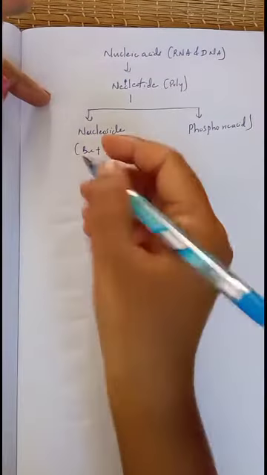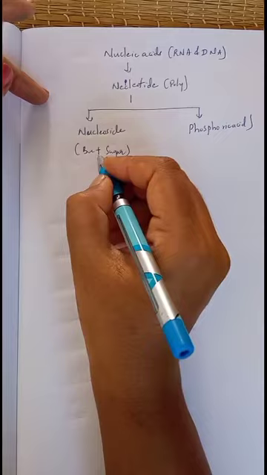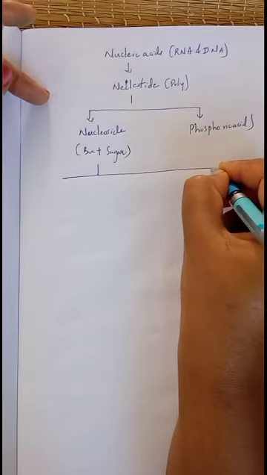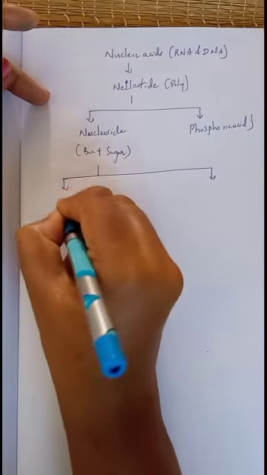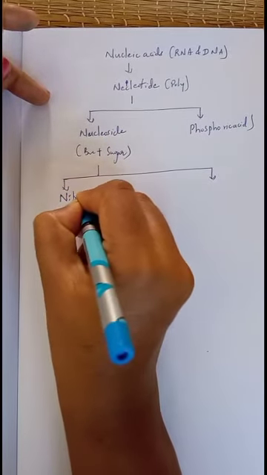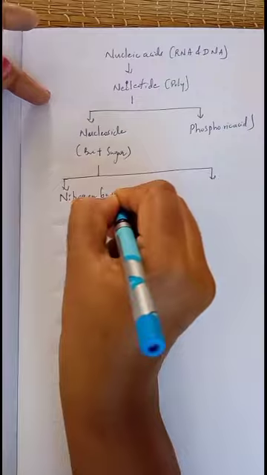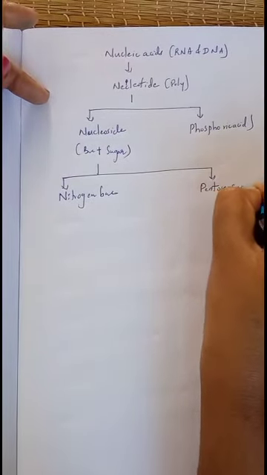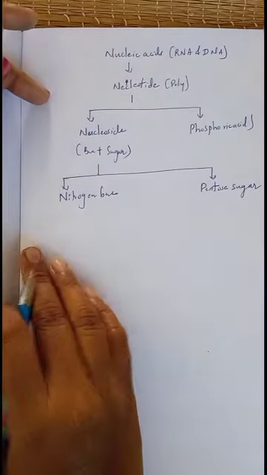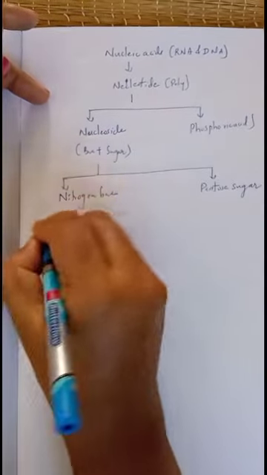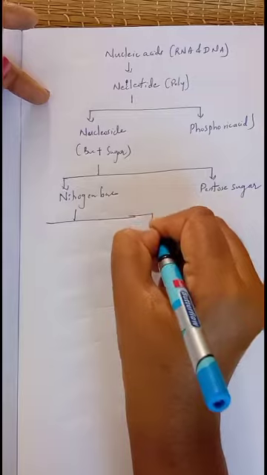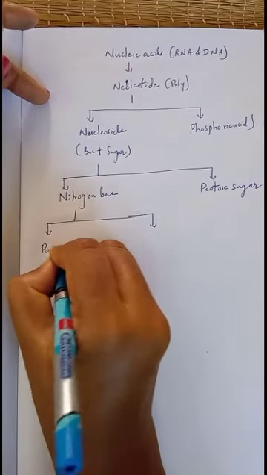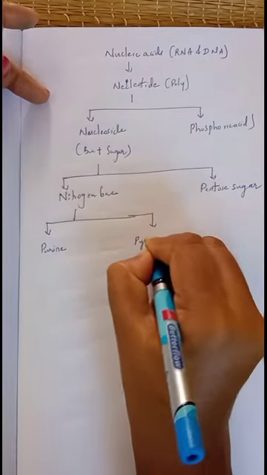This nucleoside contains nitrogen base and pentose sugar. So the two types of nitrogen bases present in nucleosides are, first one purines, next one pyrimidines.